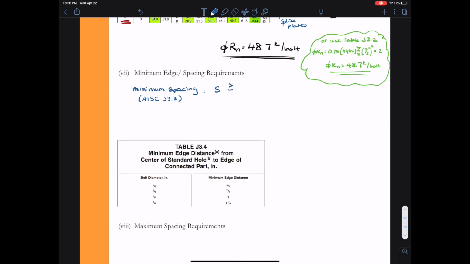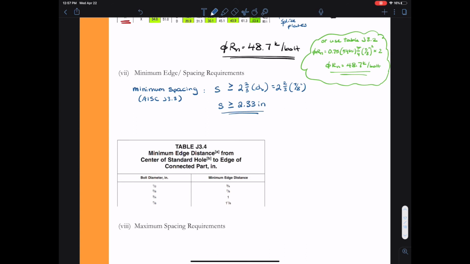So I would say that S has to be greater than 2 2/3 times the diameter of the bolt. So this means that the spacing in my connection needs to be greater than 2 2/3 times 7/8 inch, which means that the spacing has to be larger than 2.33 inches.